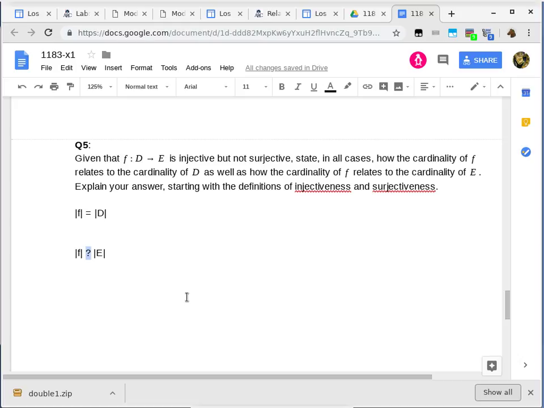But it also says it's not surjective. In other words, not every element in the codomain is mapped to, which means it cannot be equal to anymore. It has to be greater than, because the not surjective part is ruling out the equality possibility. So it actually has to be greater than in this case.